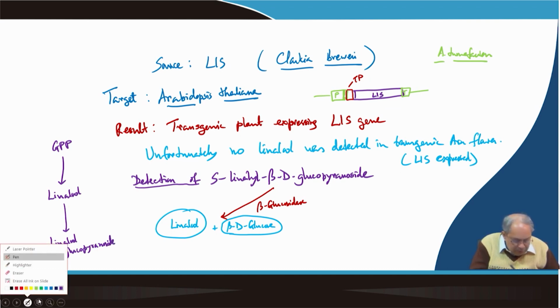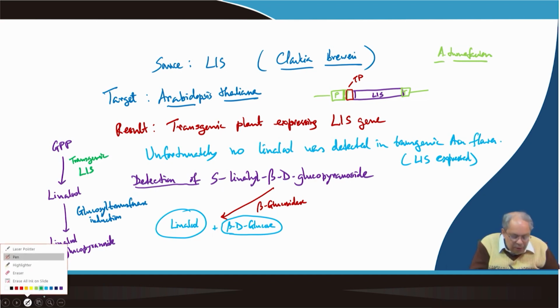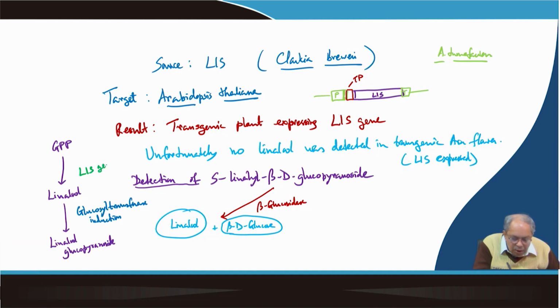This was the transgenic LIS gene, meaning the gene was transferred from a different plant, so better we say the LIS gene from Clarkia species. This is the outcome.